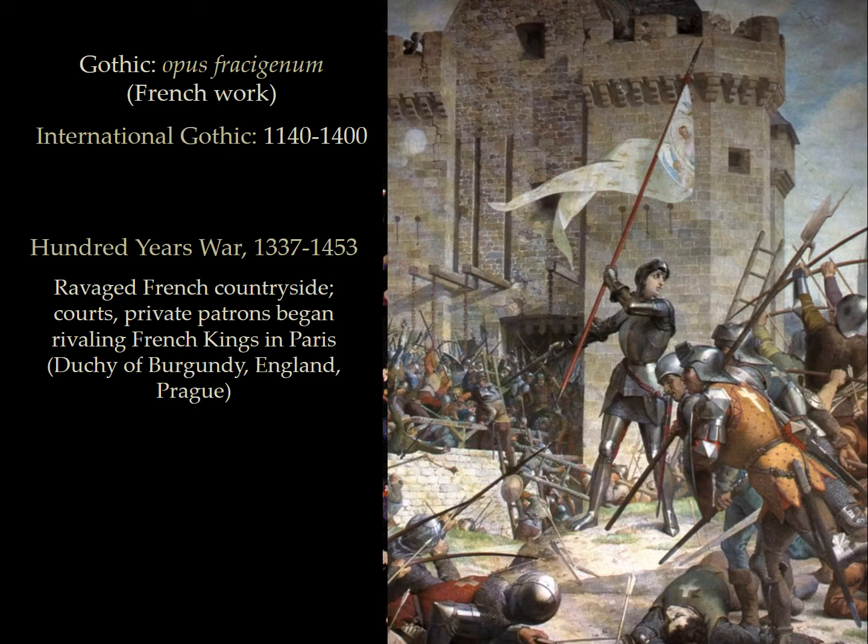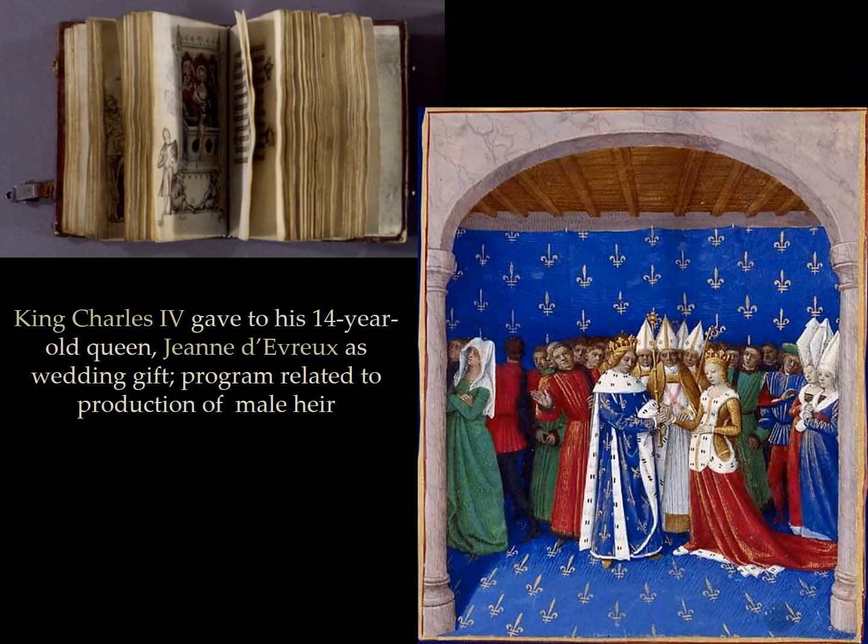Now, this is also the same period in which you have Joan of Arc hearing voices that command her to kick the English out of France, which she successfully does, even though she's burned at the stake for it after the war. At this time, we find Charles IV commissioning a very wealthy luxury item in the sumptuary arts for his 14-year-old queen, Jeanne d'Evreux.